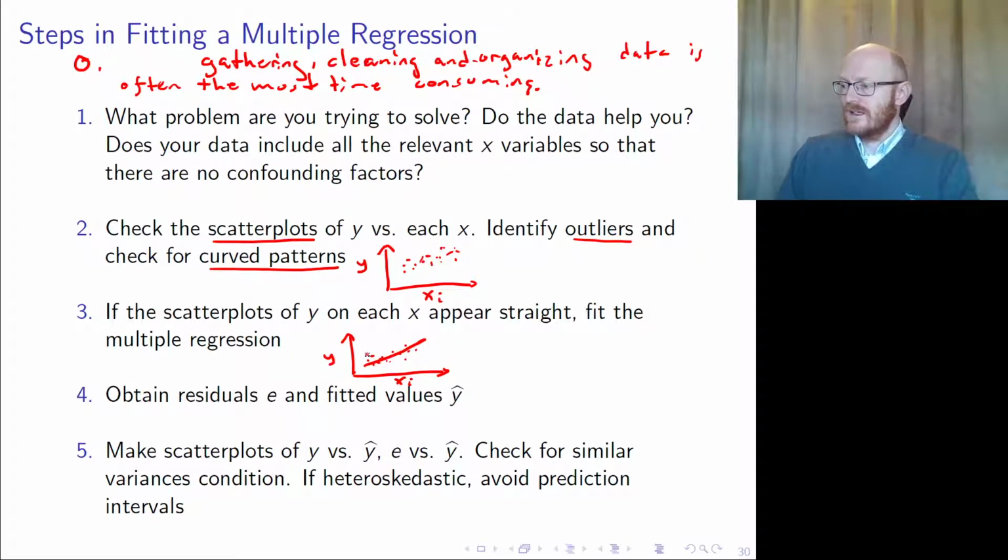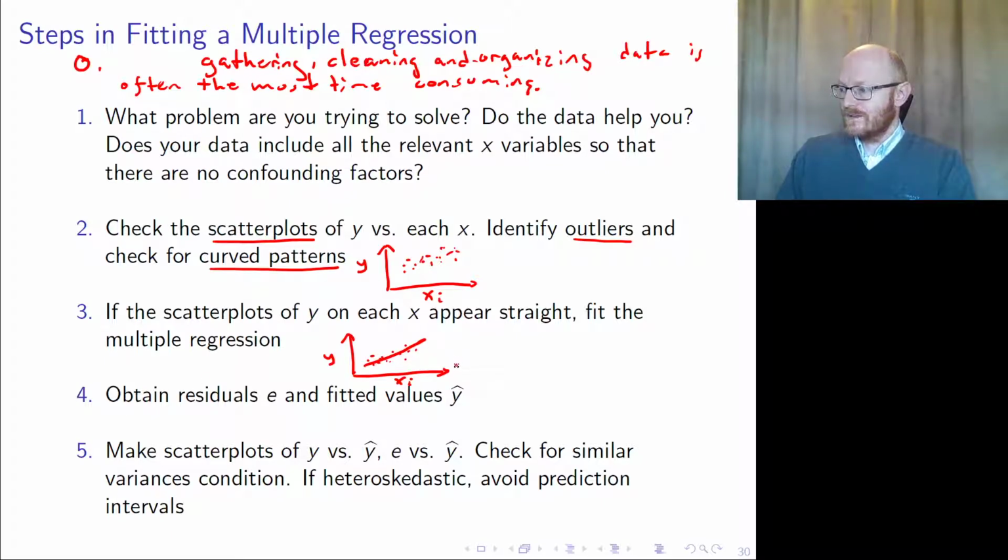Of course, it's difficult to plot the multiple regression model, because you have so many dimensions, often so many x's.